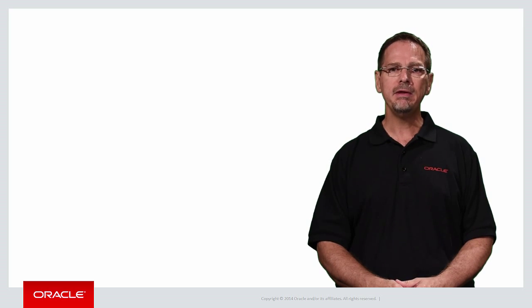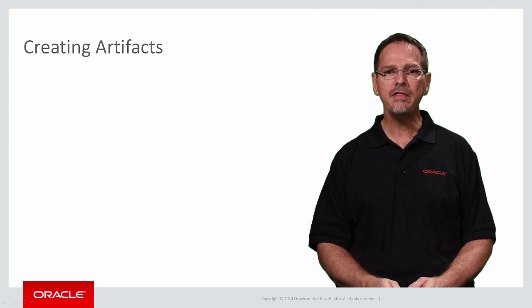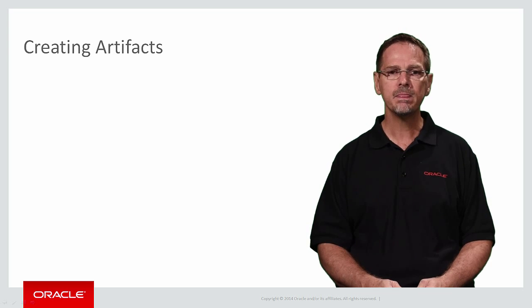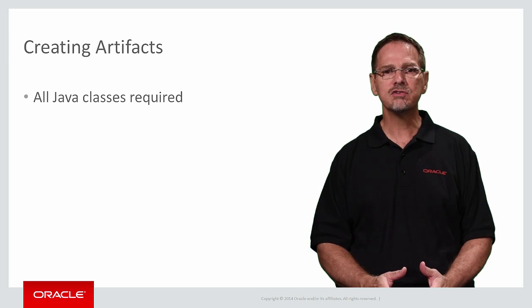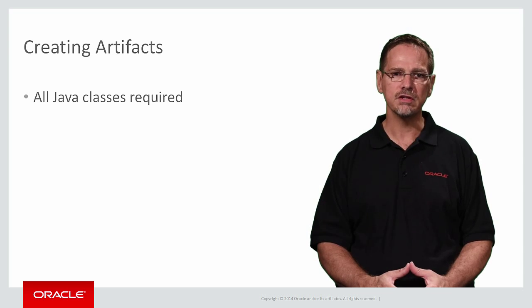Now that we have the APIs defined, we can create the artifacts that interface with the REST services at runtime. The artifacts include all the Java classes required to interact with the service.